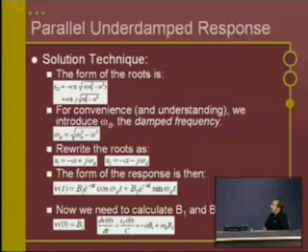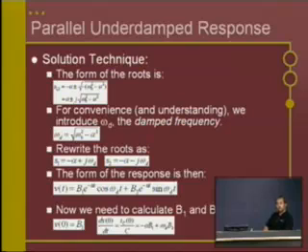When you look at the final form of the response, you have a constant B1. One of the reasons that on the overdamped response we talked about a constant K1, and here we talk about a constant B1, is that they are different constants.